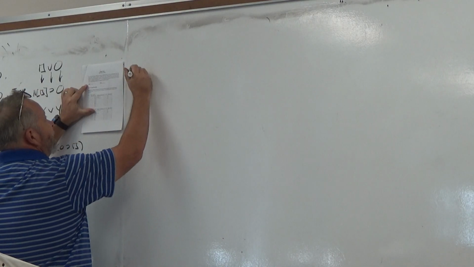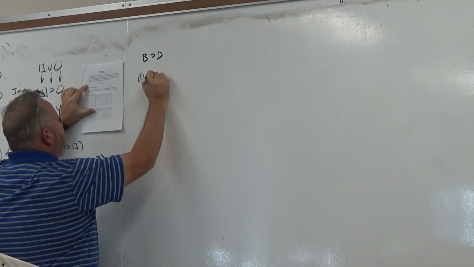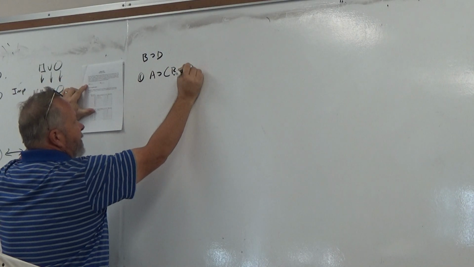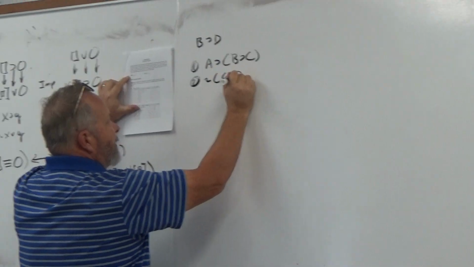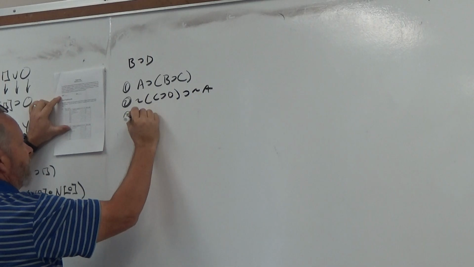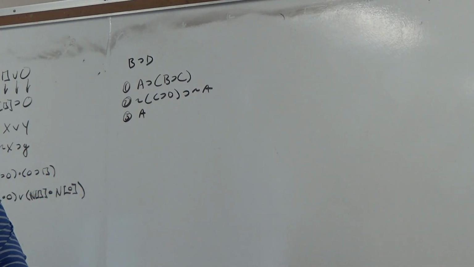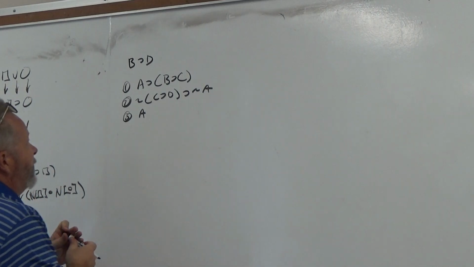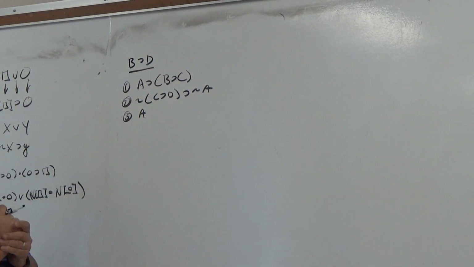Okay, first one is prove B then D, and we have A then B, then C, and we have not C then D, then not A, and 3 is A. Okay, so the very first thing I would do is look for this in the premises, B then D. And I don't see B then D anywhere.